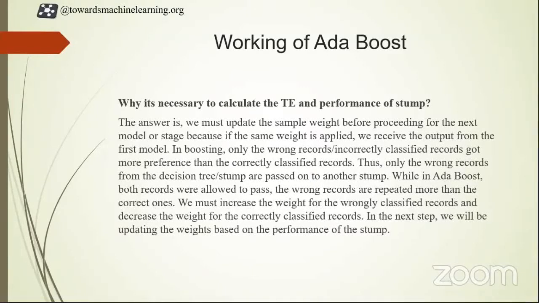We are dealing more with the misclassified records, so only the wrong records from the decision tree or the stump are passed to another stump. So we must increase the weight of the wrongly classified records and decrease the weight for the correctly classified records. So in the next step you will be seeing.